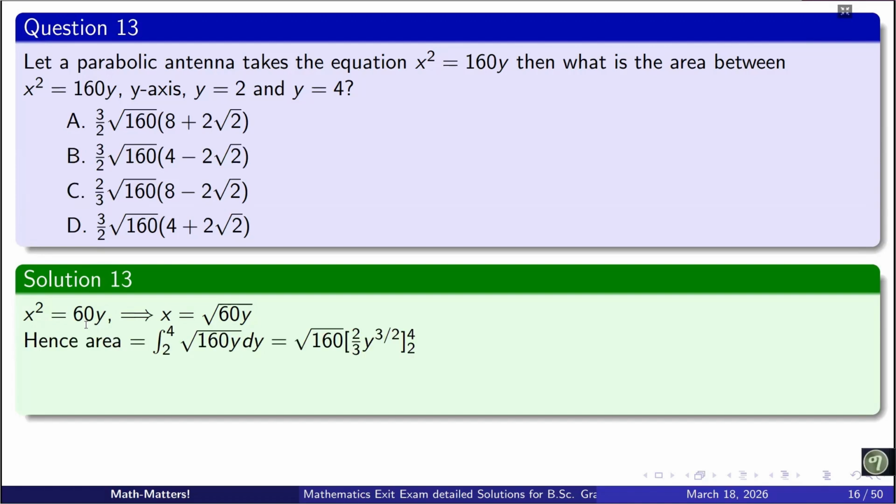Therefore, the area could be the integral vertically, that's simply from 2 to 4, of the square root of 16y dy. The square root of 16 is a constant, which we can take out from the integral, so the integrand becomes only the square root of y.